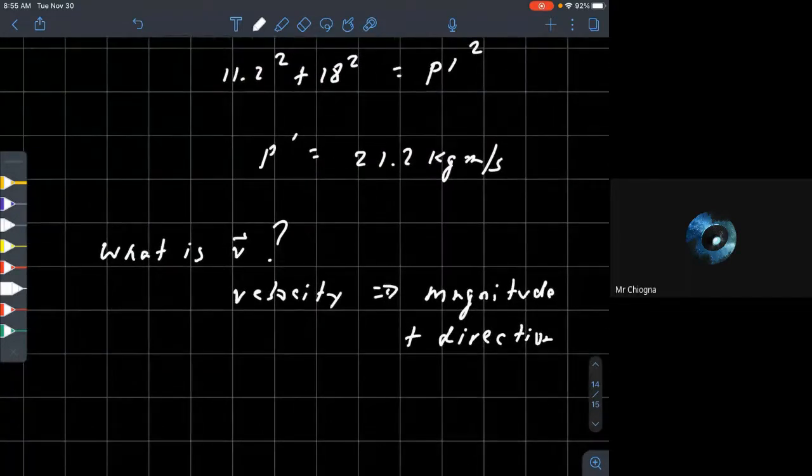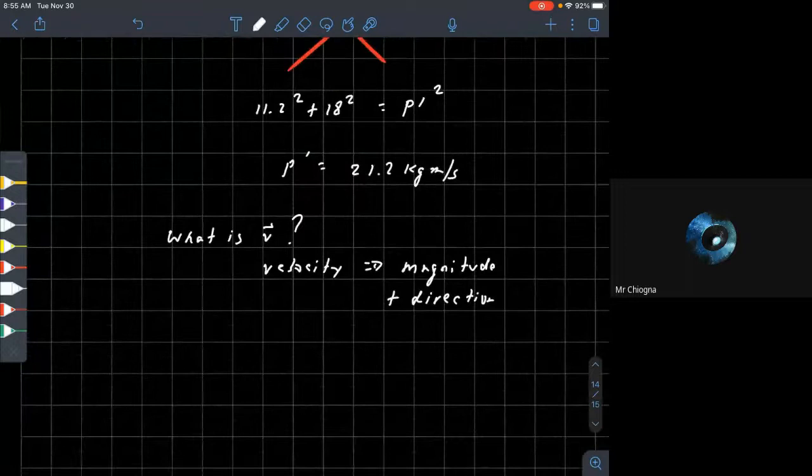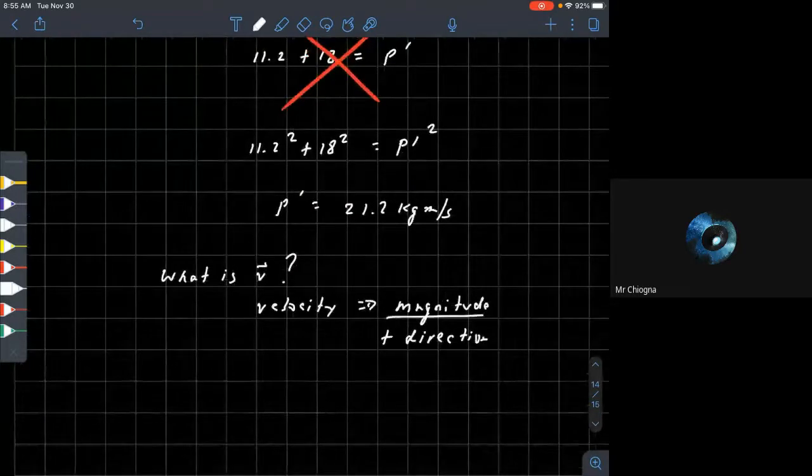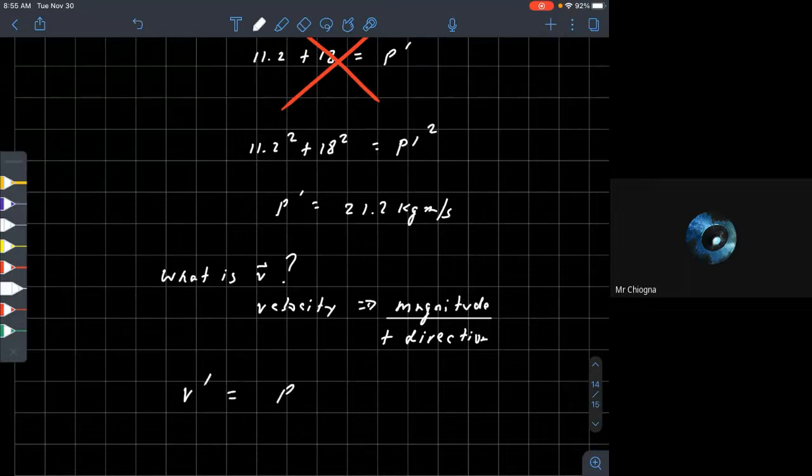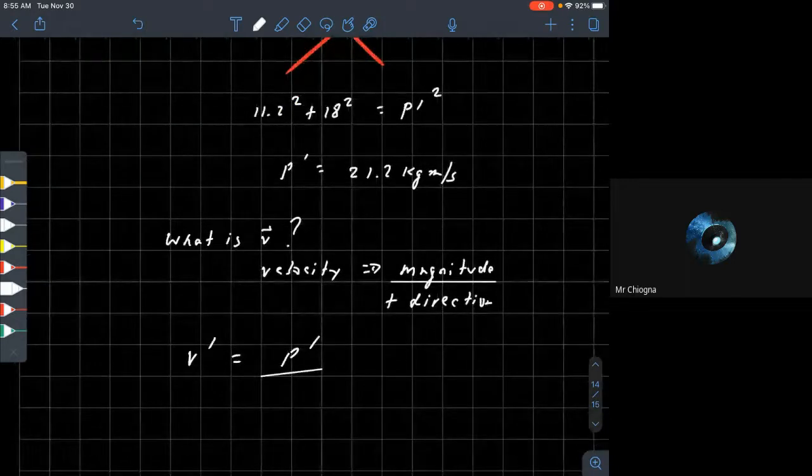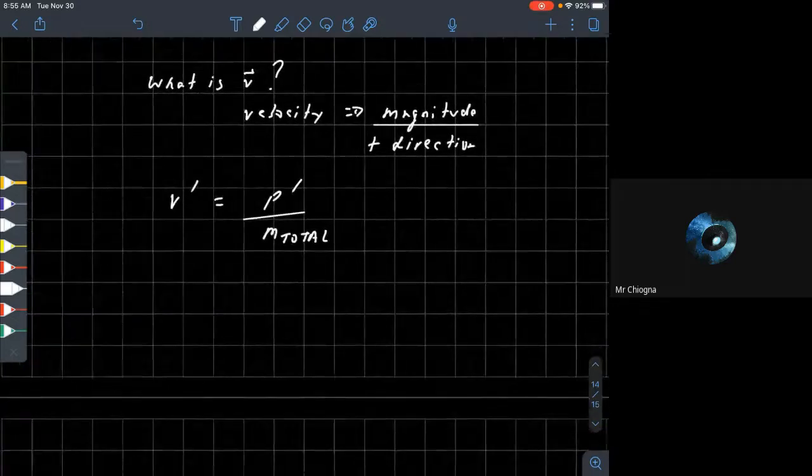Okay, so we need to find both what the V is in terms of magnitude and the angle. How do you find V? V prime is just equal to P prime divided by what? Well, they stick together, so it's the total. One and two stick together.